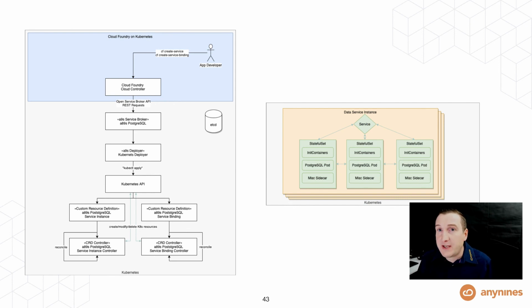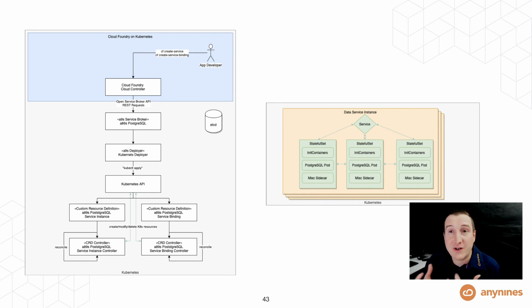So the takeaway here would be: Cloud Foundry, service brokers, that's the same. The responsibility of the service broker will change a bit. For example, in case you delegate the heavy lifting of storing and reconciling resources such as the data service instances themselves to controllers running inside of Kubernetes, do you have to store much state in the service broker anymore?